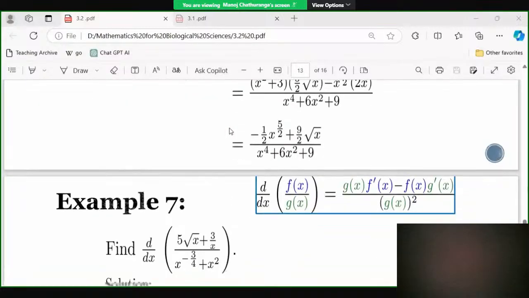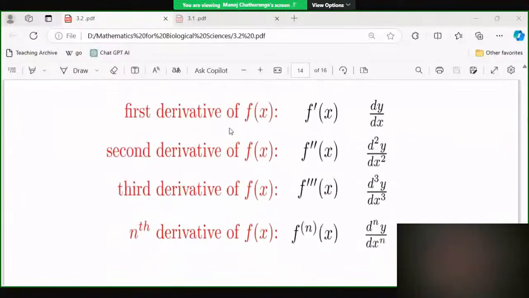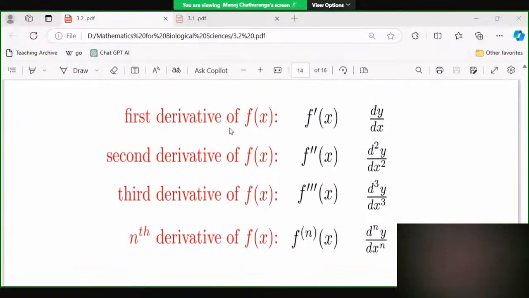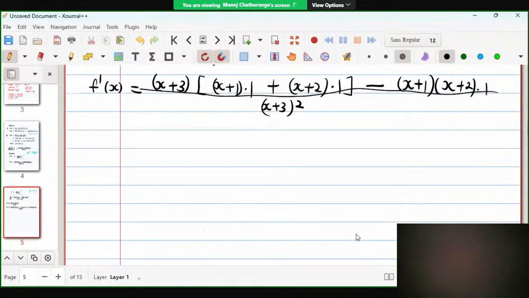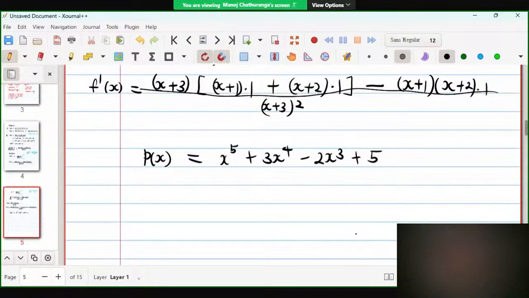Then let's talk about higher derivatives. This is another thing. Think about a simple function. Maybe let's take a polynomial. Let me call it p of x, p for polynomial: x to the fifth power plus 3x to the fourth minus 2x to the third plus 5, or something like that.